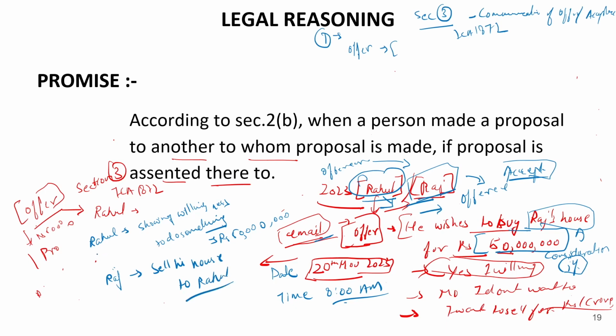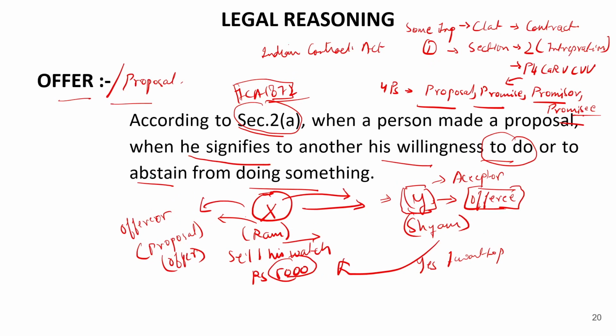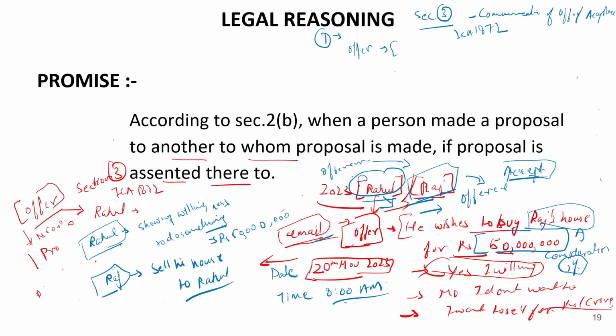Now we have a little bit of clear understanding here, and let's also understand the terms written under the section of offer, which is section 2(a), which clearly demarcates what exactly an offer is. It says, when a person makes a proposal, when he signifies to another his willingness to do or abstain from doing something in order to get the assent of the other person.